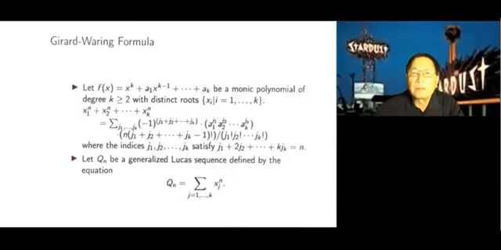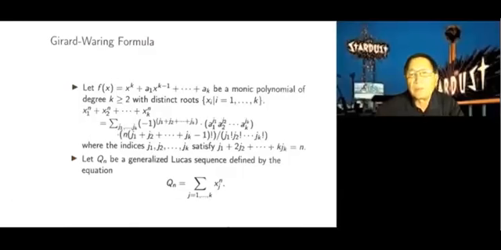Then the Girard-Waring formula is the following. The sum of nth powers of the roots is equal to a sum of the products of powers of the roots, multiplied with n times factorial of the sum of powers minus 1, divided by the product of factorials of the powers.